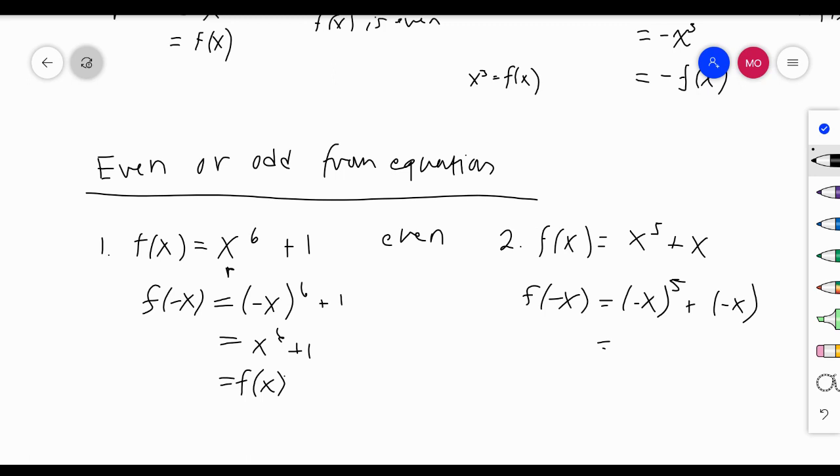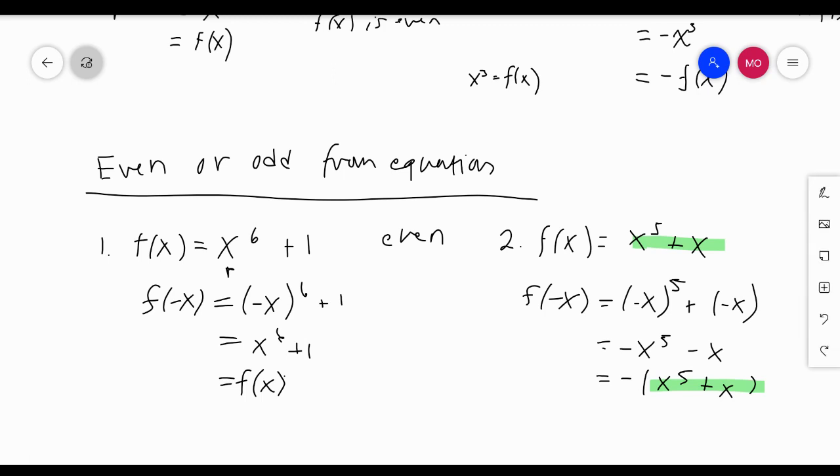I'm going to distribute my power of 5, meaning that we get minus x to the power of 5, and this here is just minus x. I'm going to factor out a minus. You get x to the power of 5 plus x. And then what's in the bracket right now is f of x, meaning that we have minus f of x. Therefore, this function is odd.